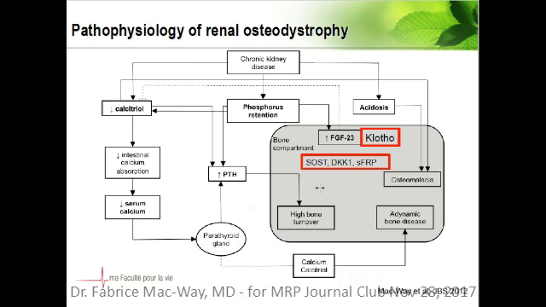And I already mentioned that there is a tight relationship between bone and vascular calcifications. And of course, if you have bone abnormalities, you have a higher risk of having vascular calcification as well.